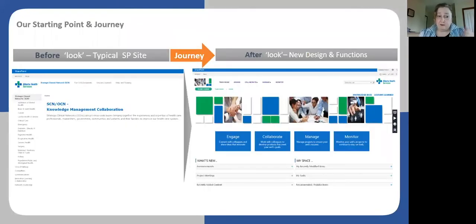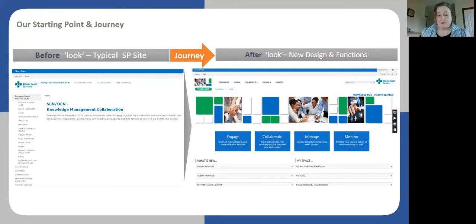So here is where we started the journey. We had to really look at the technology that we had, the sites that were built, the way the information was flowing, the pain points that the users had, and through the journey that we have done, look at how after this journey the new development of the site would look.